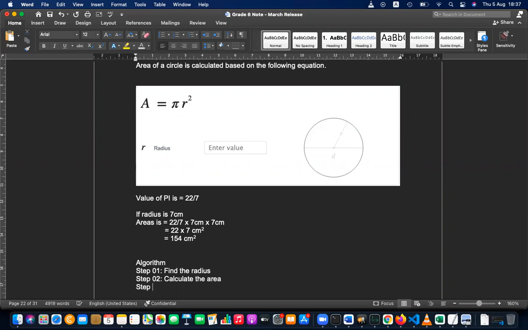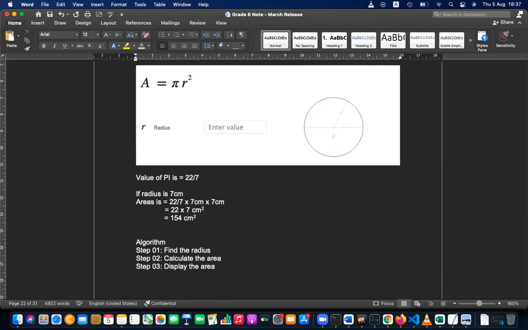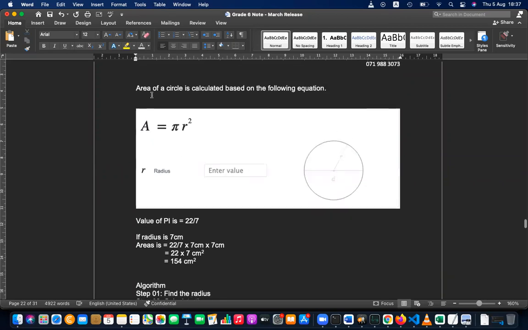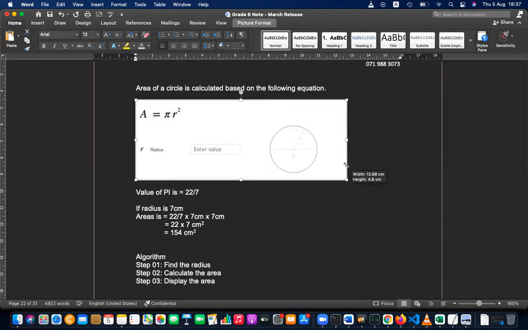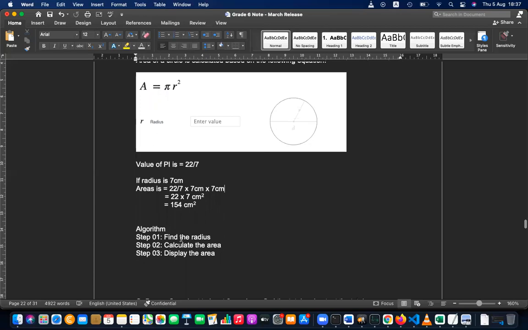Step 3, display the area. So that is all. It's very simple. I didn't expect this part, but it will help you in your mathematics lecture, that's why I gave this equation. In the algorithm, if you write find the radius, calculate the area, display the area, that's enough. Find or input the radius is also okay.